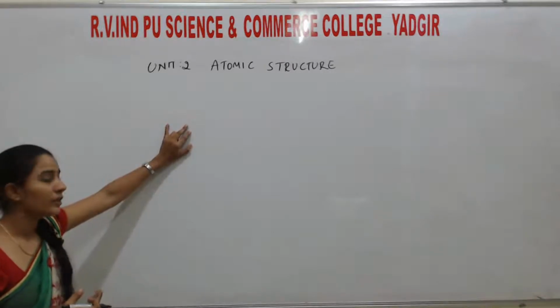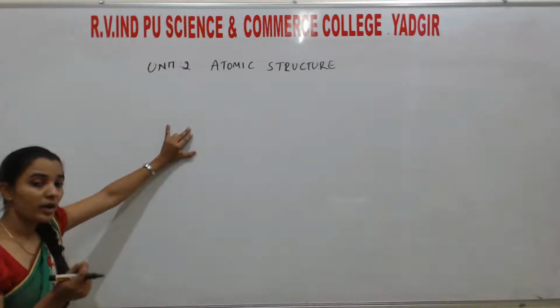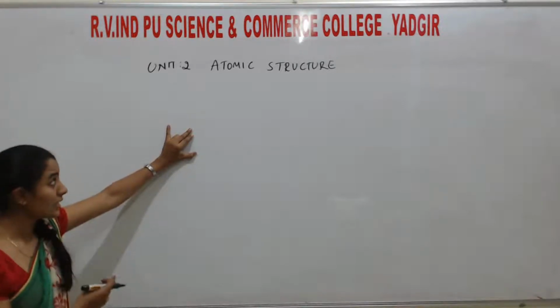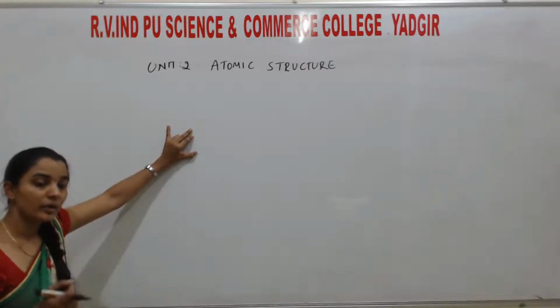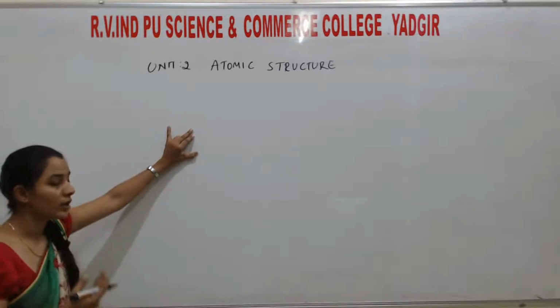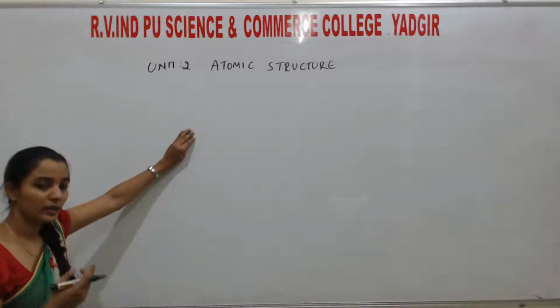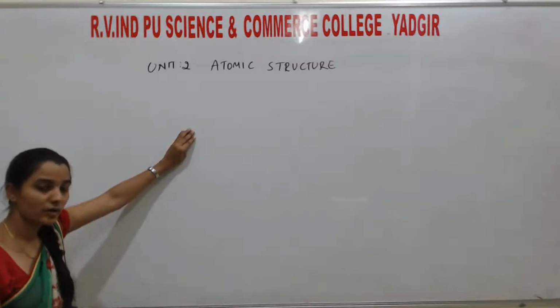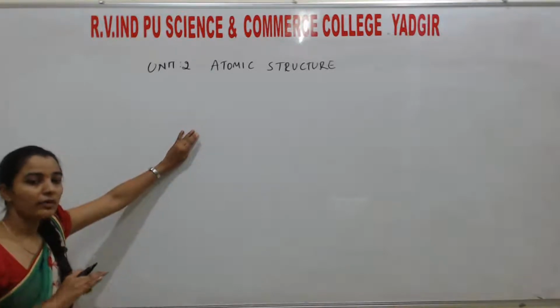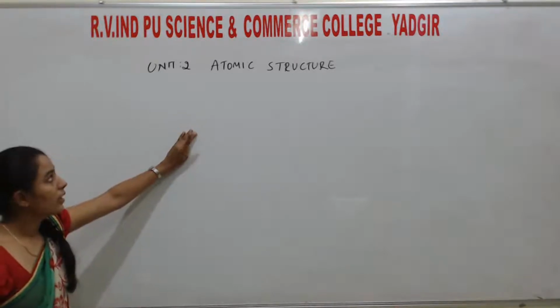Matter is classified, and matter consists of the smallest indivisible particle called an atom. So in this class we are going to study the particular atom: what it contains, what is there in that, why it is called an atom, whether the atom is the smallest particle or whether anything else is present inside that atom, how they are arranged. Everything is studied in atomic structure.